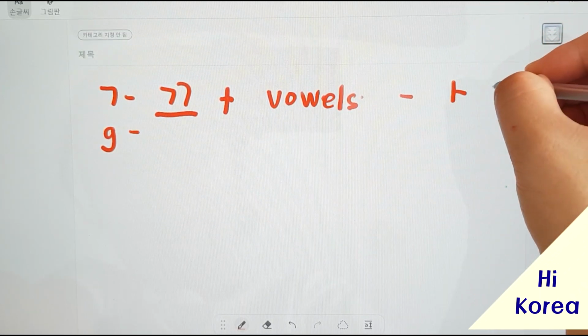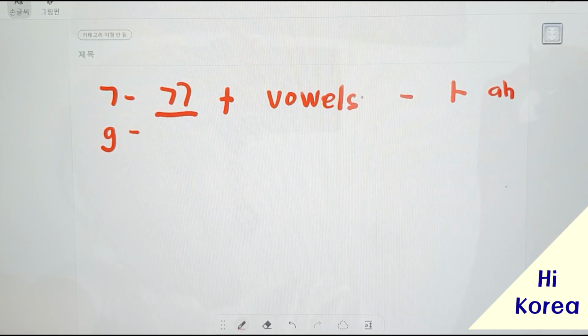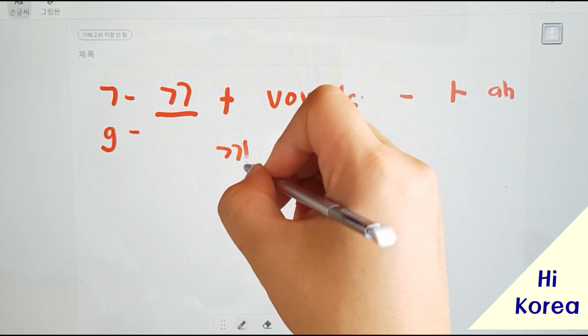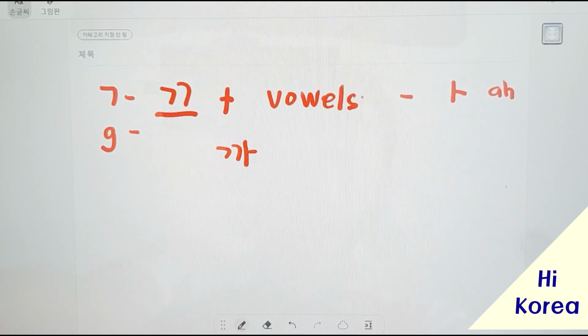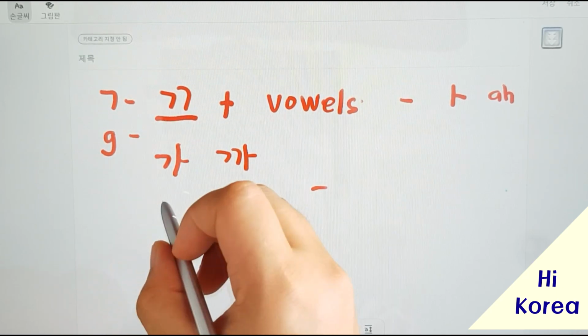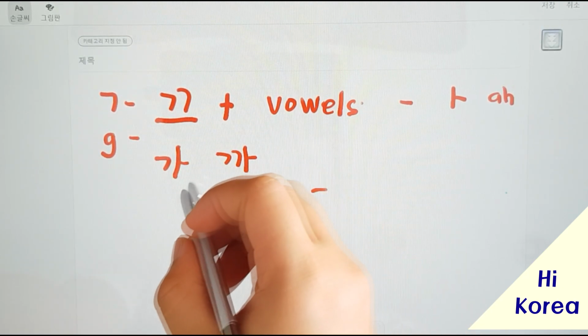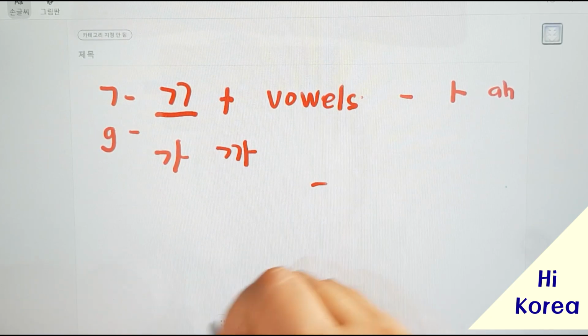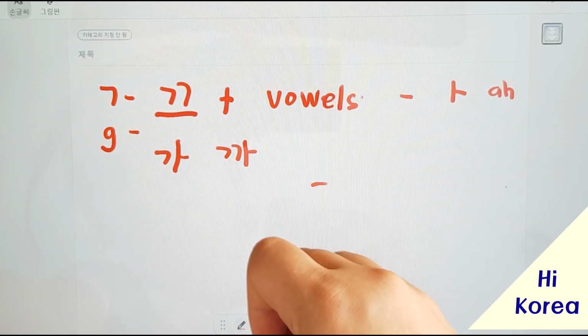Example, we have a vowel A. So this becomes Ga. Okay, this is Ga and this is Ga.